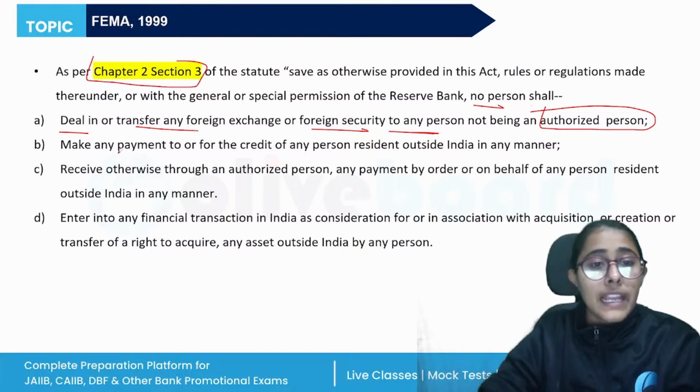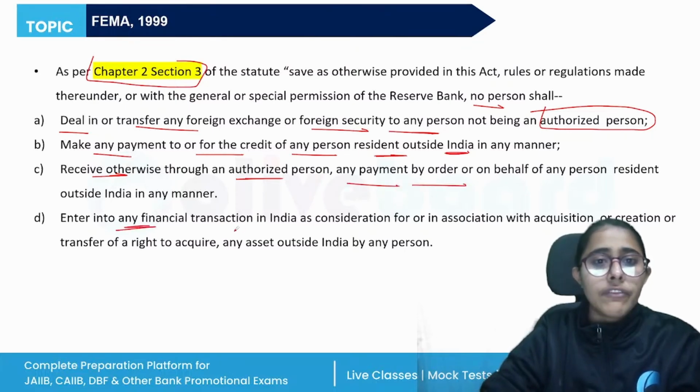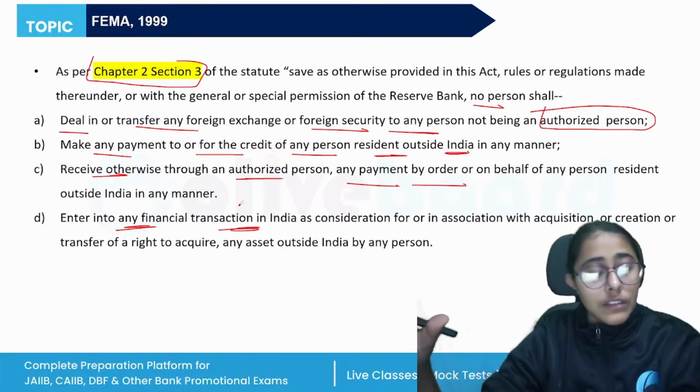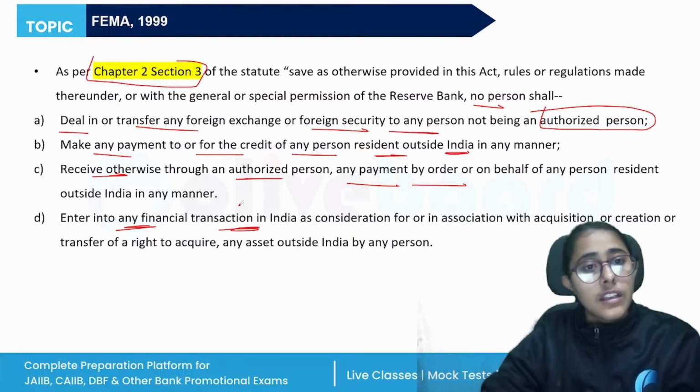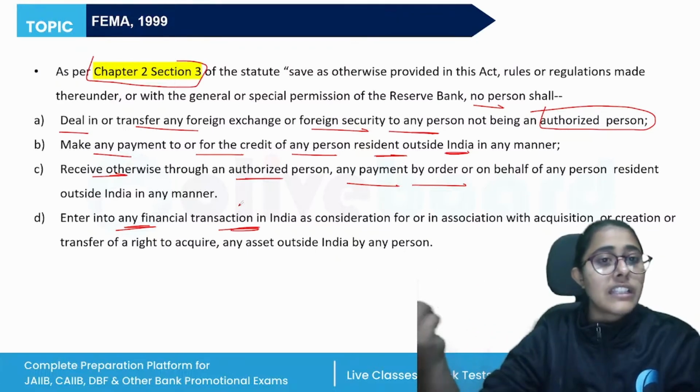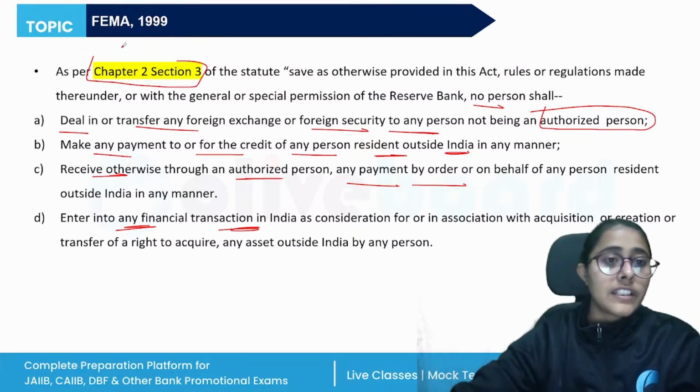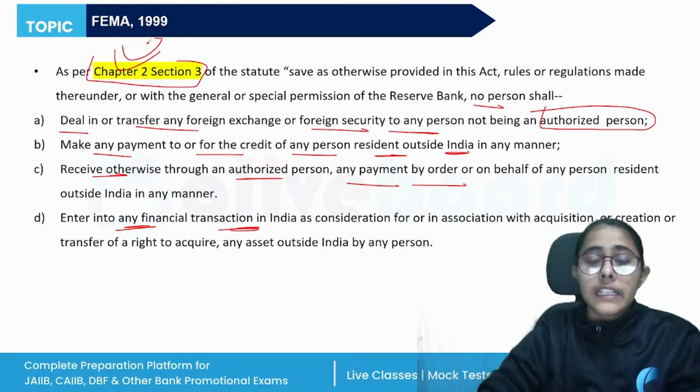Then they cannot make any payment to or credit of any person resident outside India in any manner, they can receive otherwise than through an authorized person any payment by order, or enter into any financial transaction. So these regulations say that the transactions, transfer, payment, everything should be in accordance with the FEMA Act, and this is given in chapter 2 section 3.